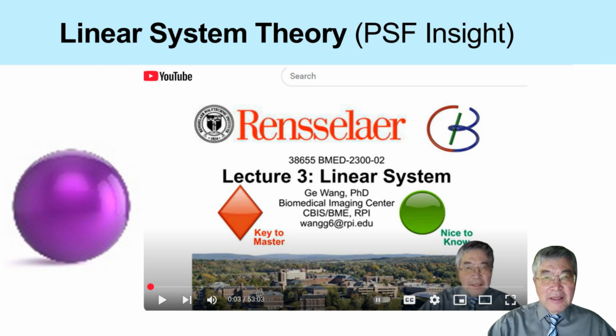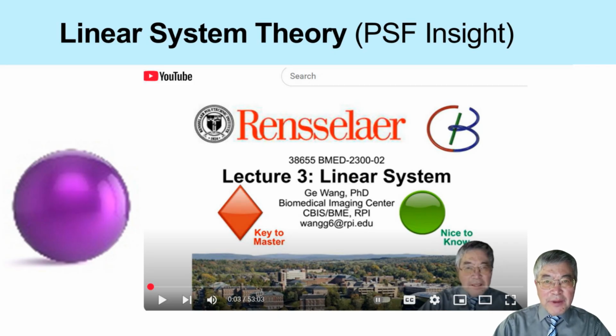This is because a general object can be decomposed into many shifted and scaled impulses. For each impulse, the system produces a corresponding shifted and scaled response. Then, by the superposition principle, we add all these individual responses together to obtain the final output. This is why the response to a single point object is so important.